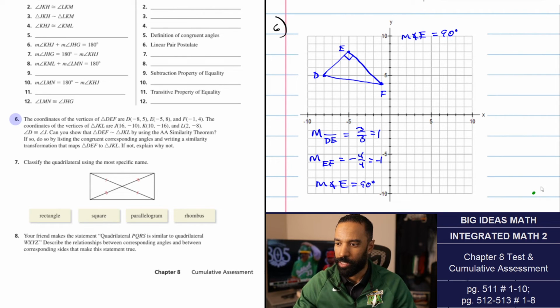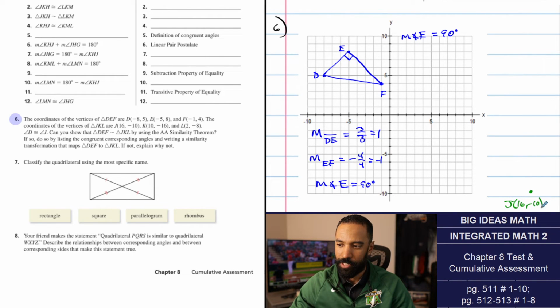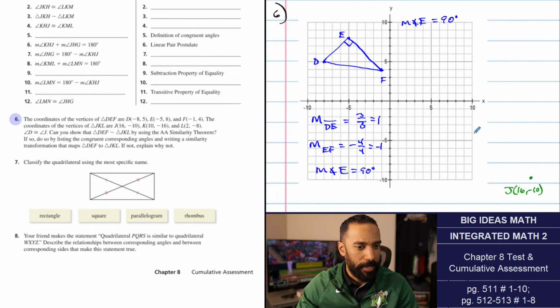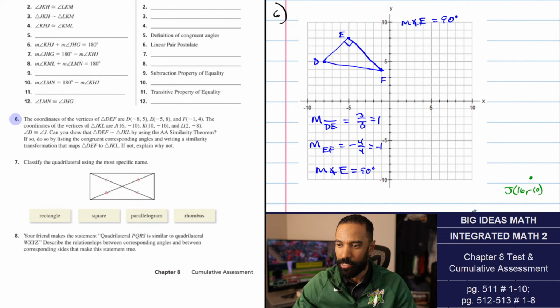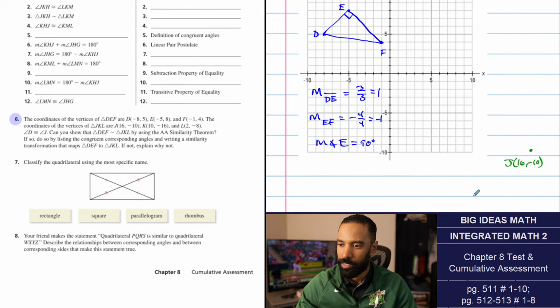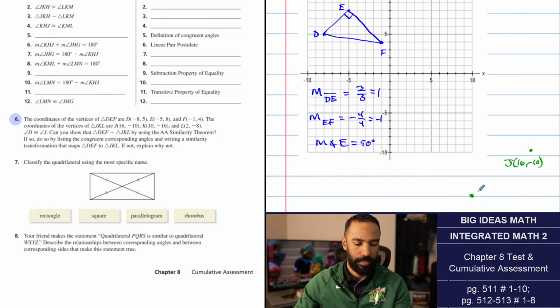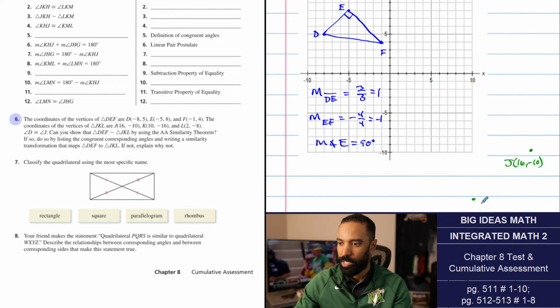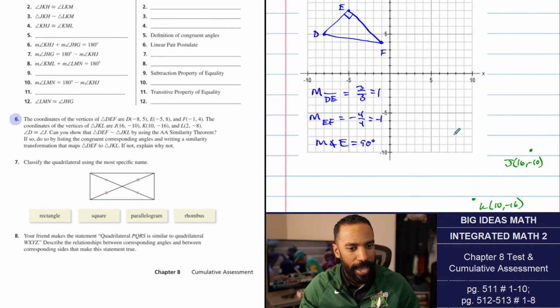Maybe not quite that far, or maybe quite that far. Maybe like that. J, 16, negative 10. K would be at 10, negative 16. Kind of like down here. Or more. K, 10, negative 16. And then L at 2, negative 8.